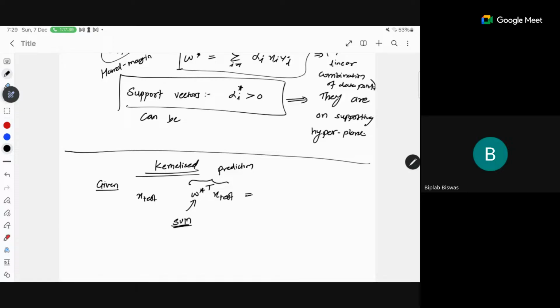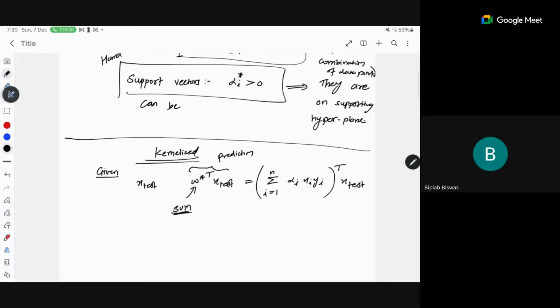How will it look? What is W star here? Summation of i equal to 1 to n, alpha i x i y i, transpose, right? Transpose X test.